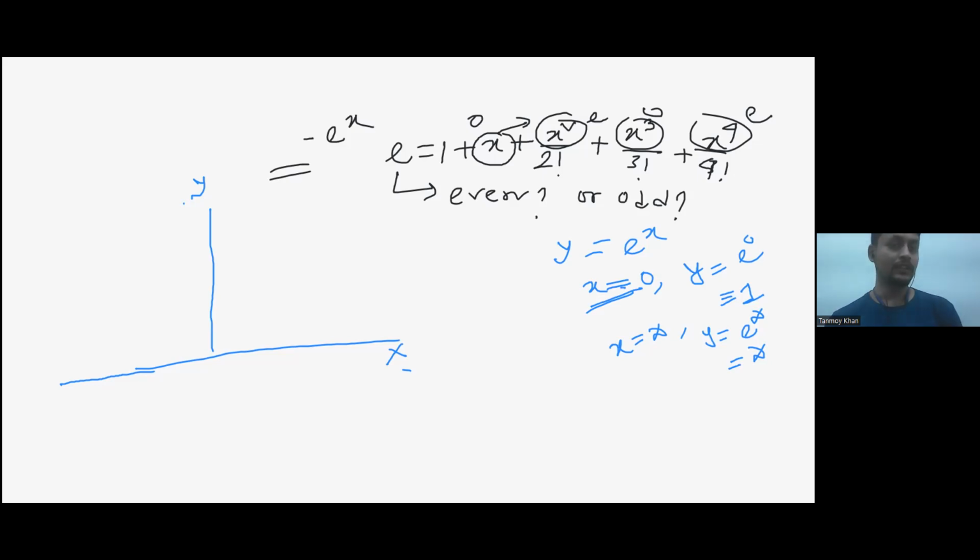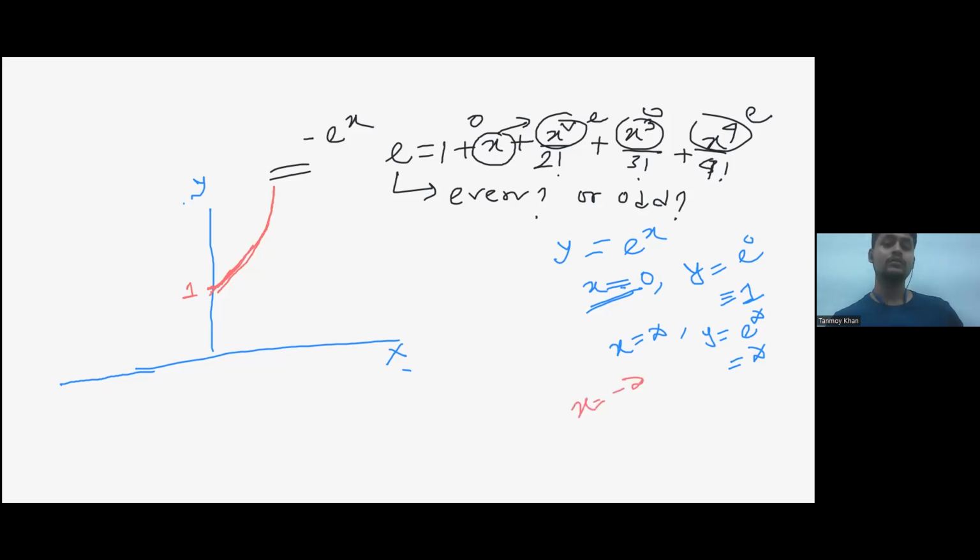So now it's very easy. This is your 1, and this is ever increasing, always increasing. Now let's say x is equal to minus infinity.